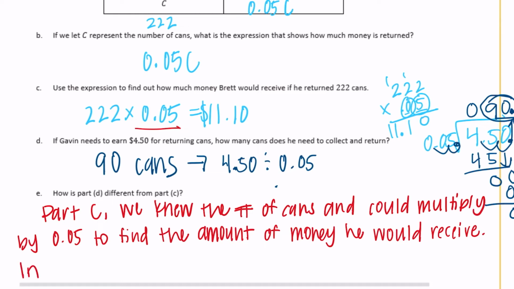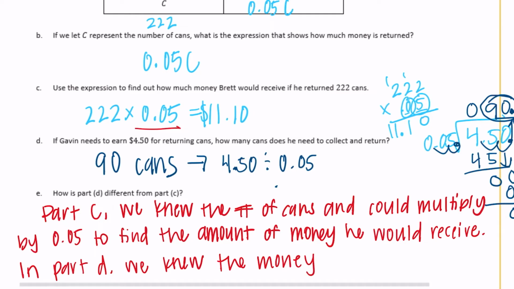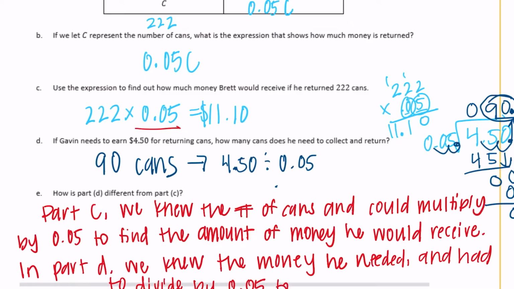In part D, we knew the money he needed, and had to divide by 5/100 to find out how many cans he would need.